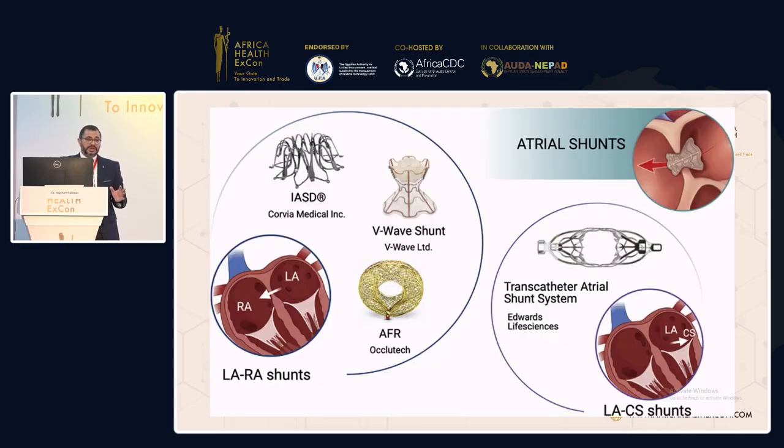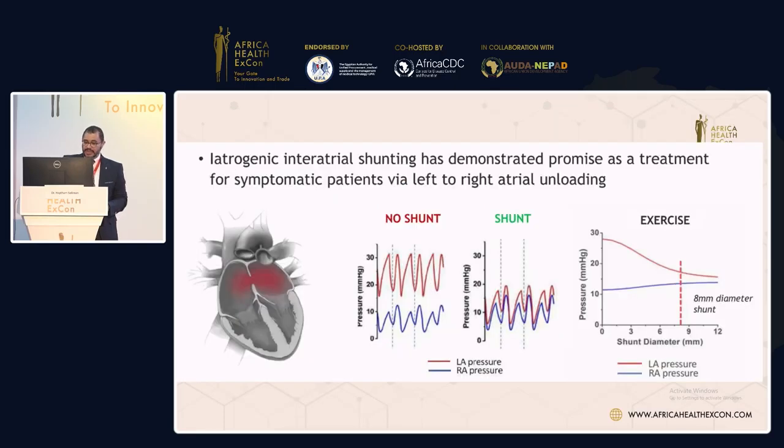Another thing is creating a shunt between the left atrium and right atrium, trying to decompress the left atrial pressure. This is done non-invasively or minimally invasively with the cath, and this reduces the intracardiac pressures, tries to decrease the filling pressures of the heart, and improves the symptoms and improves the use of guideline-mediated medical therapy.